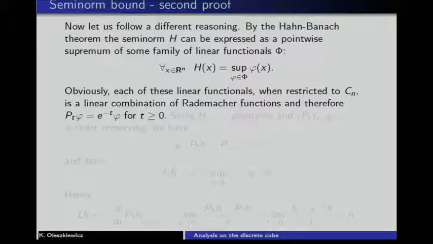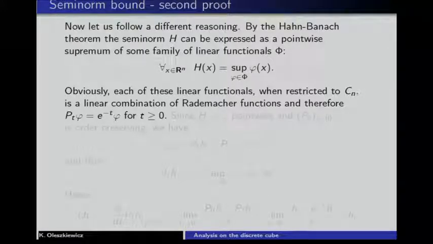Okay? But we know that Rademachers, namely Walsh functions that are indexed by sets of cardinality 1, by singletons, we know that for them the eigenvalue, when we use operator L, is equal to 1. Let me remind you that the eigenvalue of L is the cardinality of S, and the eigenvalue of the semigroup is exponent minus t times that. So when we apply our semigroup to function phi, that is a linear functional on Rn restricted to the discrete cube, what we get is immediately exponent minus t of phi.